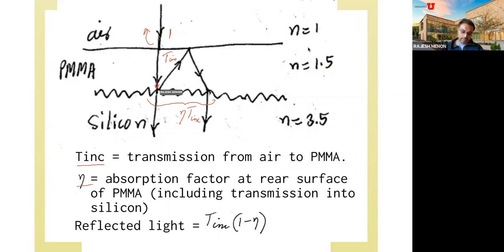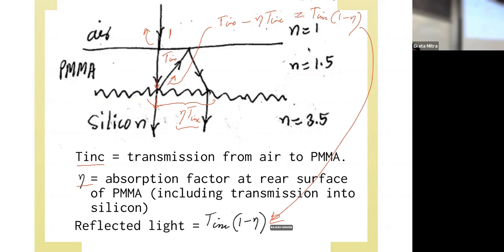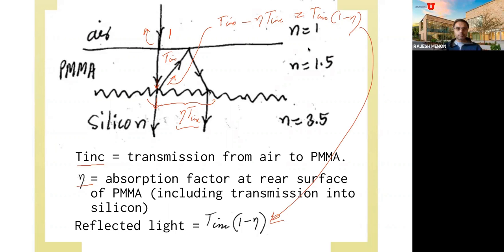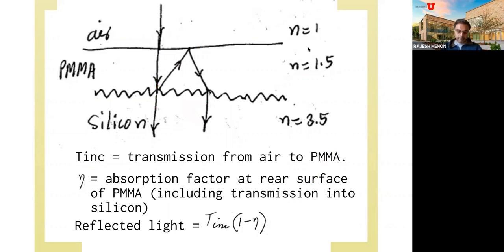And what's going in is that. And what's reflected then, of course, is T incident minus eta times T incident, right? Everything else is reflected because there's no absorption. So I can simplify that as T incident times 1 minus eta, which is what's shown here. Okay, so that's the reflected light reflected back into this PMMA film.